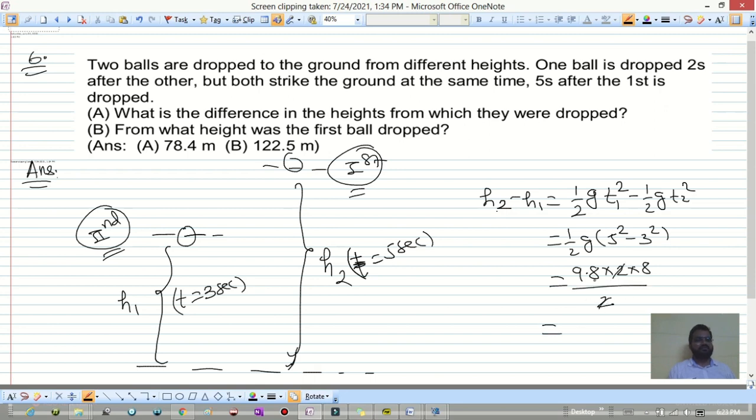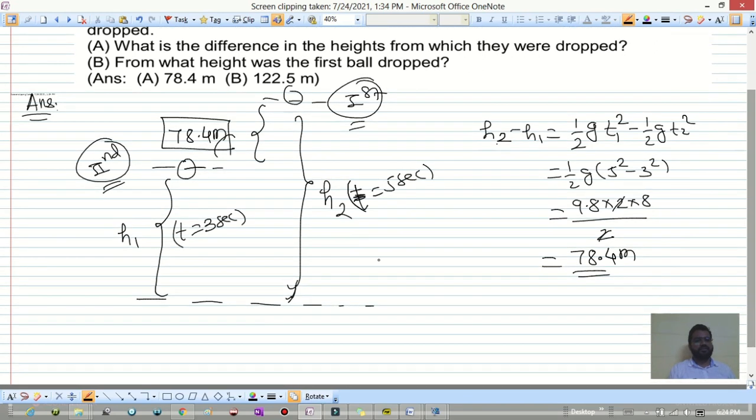If you calculate this, you will get 78.4 meter. So the difference between the heights is 78.4 meter. And they want the height of the first ball. The height of the first ball you can directly find. It is 1 by 2 into 9.8 into 25. If you calculate, you will get 122.5 meter. So I hope this is clear.